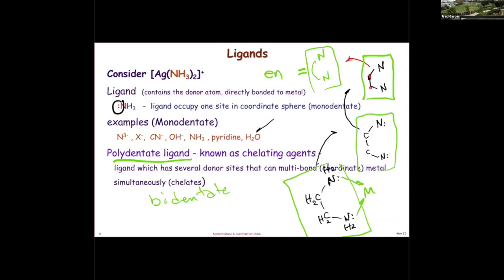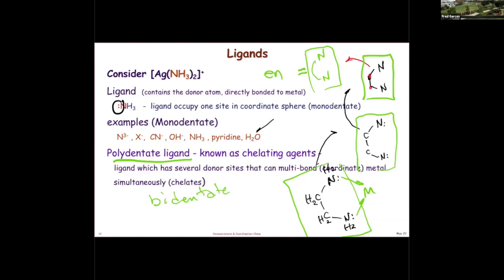We have something called tridentate, and then there's polydentate, but poly is just a generic term meaning two or more. For ethylene diamine, that you did in experiment number 6, it is a polydentate ligand, more specifically a bidentate ligand.